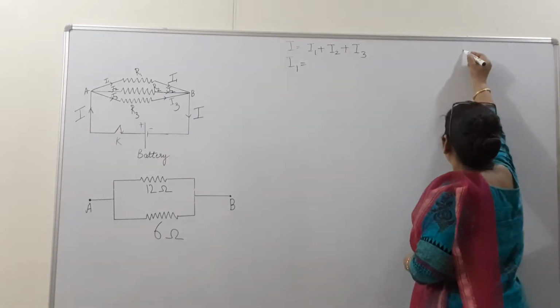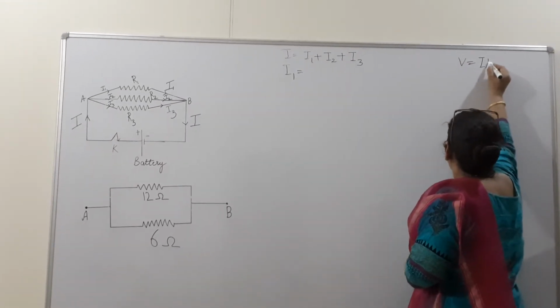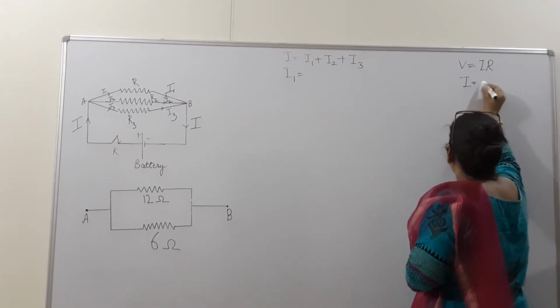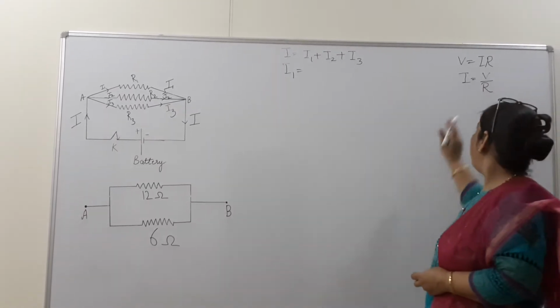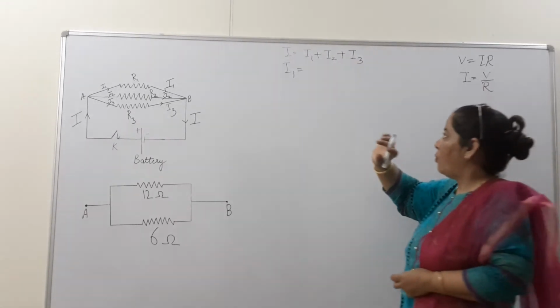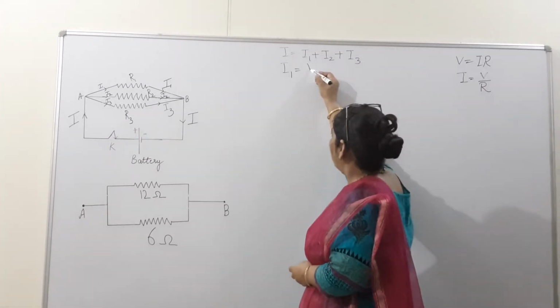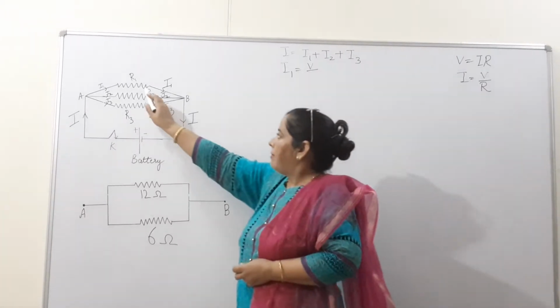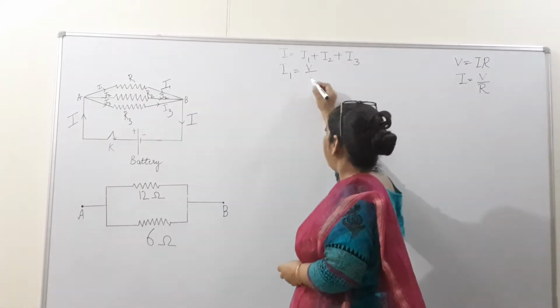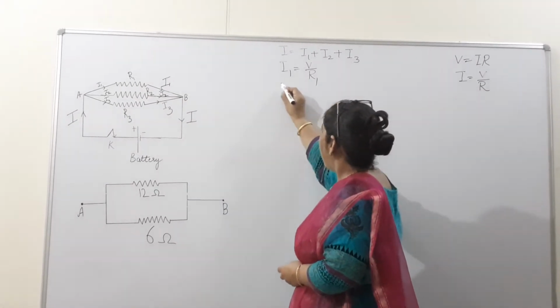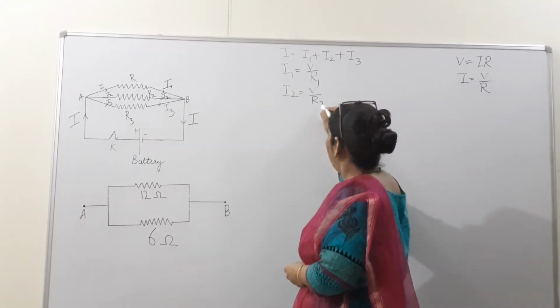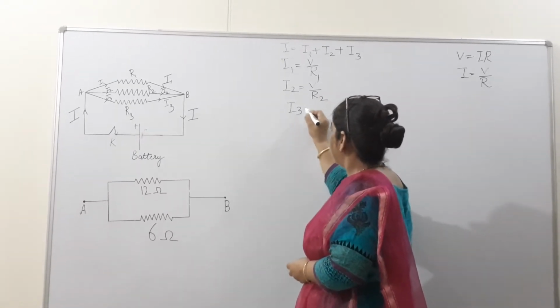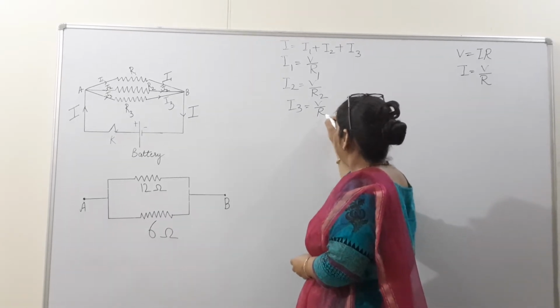Again, children, you have to use Ohm's law, V is equal to IR. So I will be equal to V divided by R. Now that voltage V is the same, so I1 is V by R1, I2 is V over R2, and I3 is V by R3.